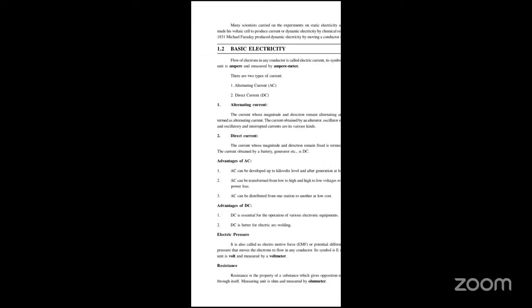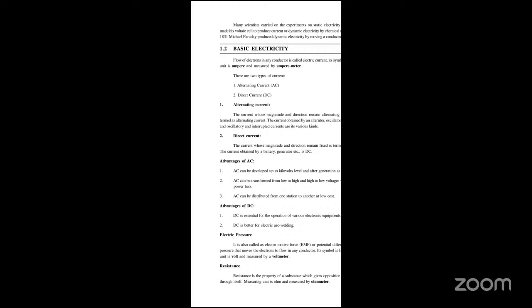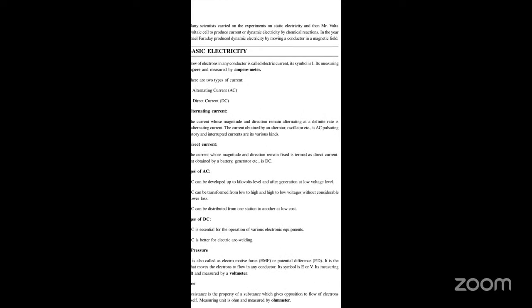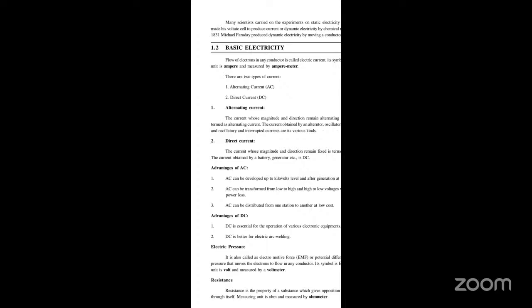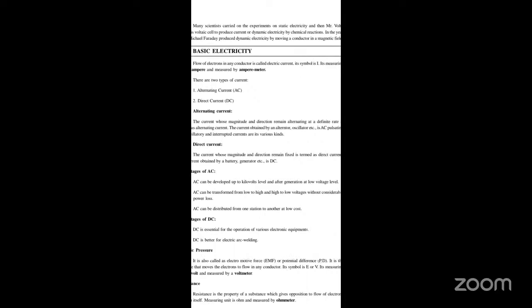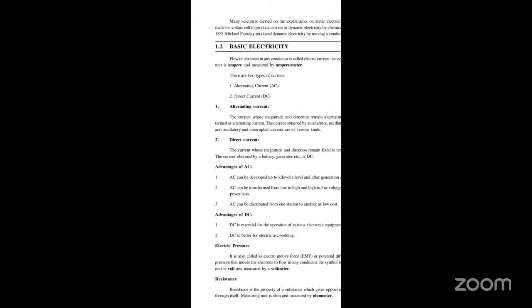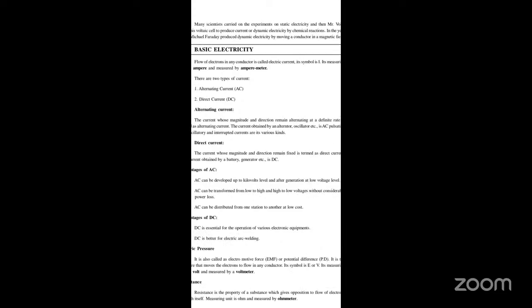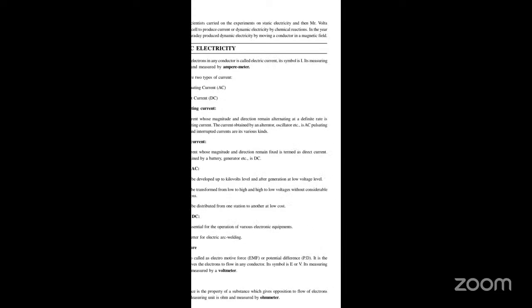Now, many scientists carried out experiments on static electricity, and then Volta made his voltaic cell to produce current or dynamic electricity by chemical reactions. In the year 1831, Michael Faraday produced dynamic electricity by moving a conductor in a magnetic field.